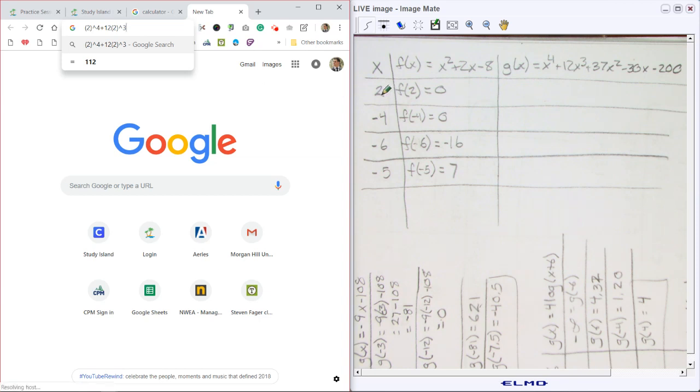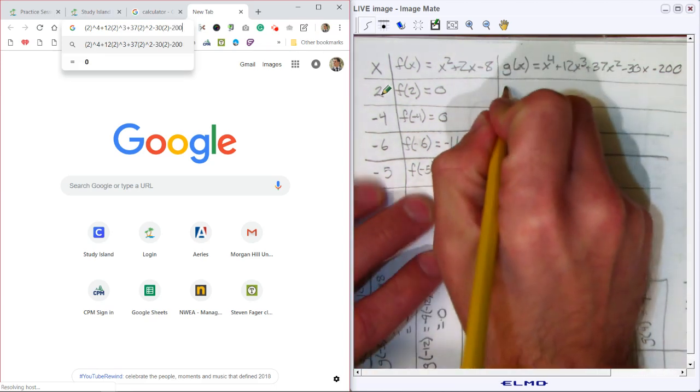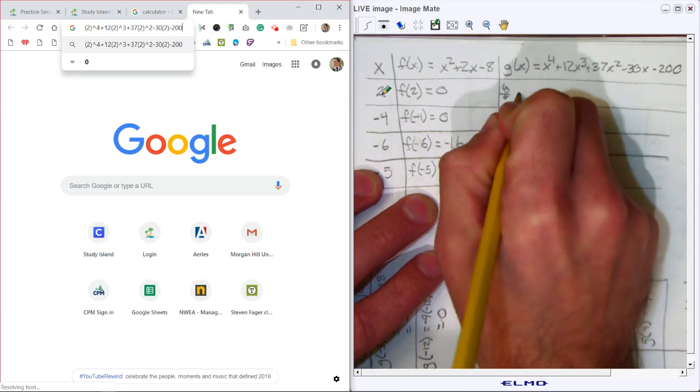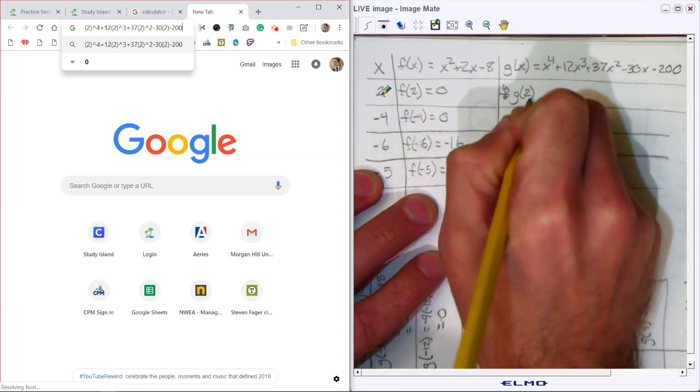After 12x to the 3rd power, it says plus 37x squared, so plus 37 times 2 squared, and then minus 30 times x, so 30 times 2, and then minus 200. And what do we get? We get 0. So it does work out: g of 2 is 0.